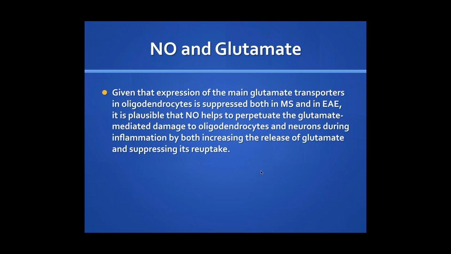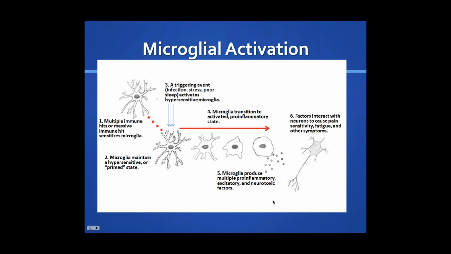If you have a GAD variant, then you're not going to break glutamate down to GABA as easily, and you're going to have higher than normal levels of glutamate, which then induces the nitric oxide pathway and peroxynitrites. And that's the microglial activation pathway there.